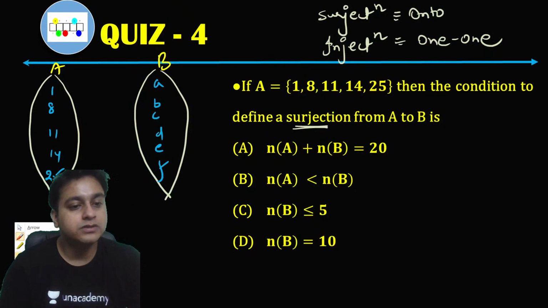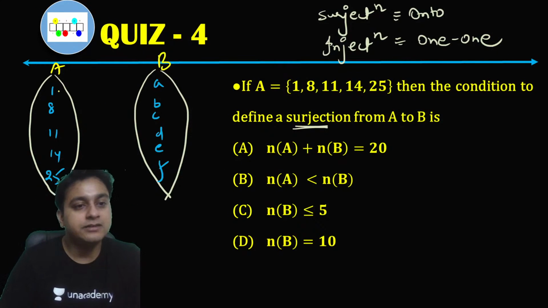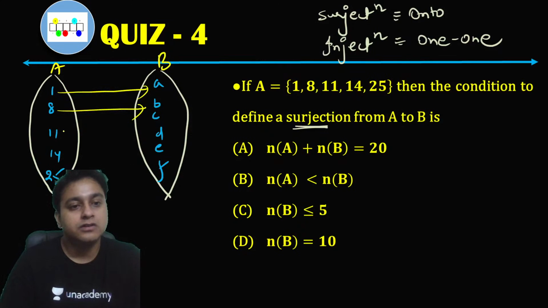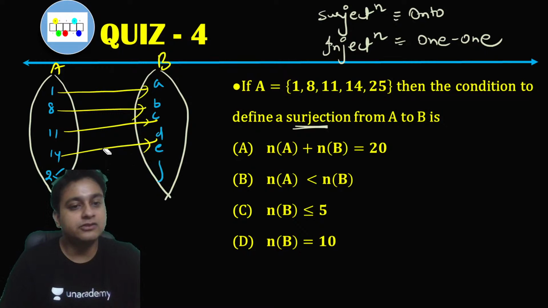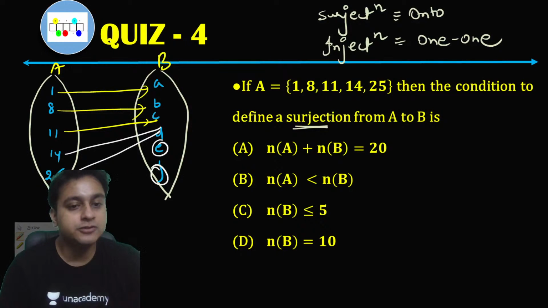Can it ever be onto? No. Guys, if you match 1 with 1 also, there will be one element which will be left. And if you are matching one element with 2, then it is a gone case. Then obviously you will be left with 2 elements in this set. Onto means everyone should be mapped, right? Every element in the Y set should be mapped. It should have a partner. Are you getting my point?